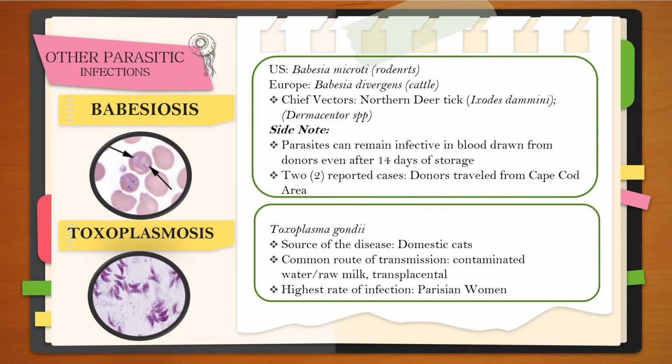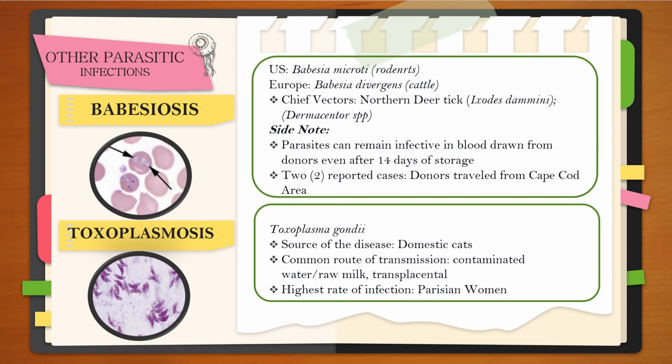So we have here a few pointers. According to medical literature, parasites can remain infective in blood after 14 days of storage, and there were only 2 reported cases of Babesia transfusion transmitted infection to date. And these 2 reported cases were blood donors who happened to have a travel history to the Cape Cod area.